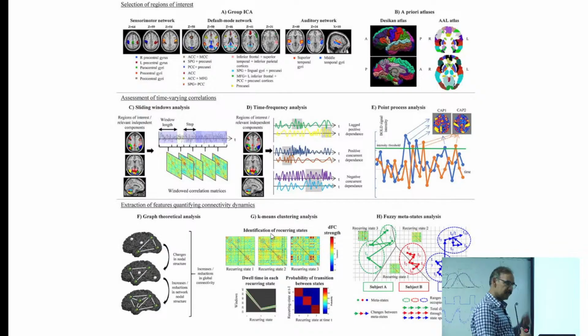In this case, we don't have to make the assumption we make in ICA that each network is independent of the other one. Here we are looking at graph theoretical approaches and looking at different regions and saying that this region and this region are connected. And this is how the dynamic connectivity pattern is, right?